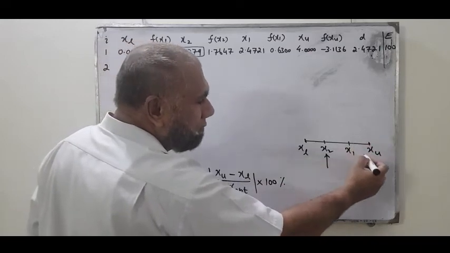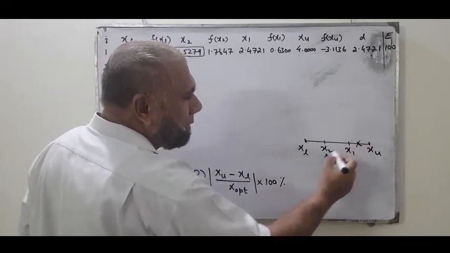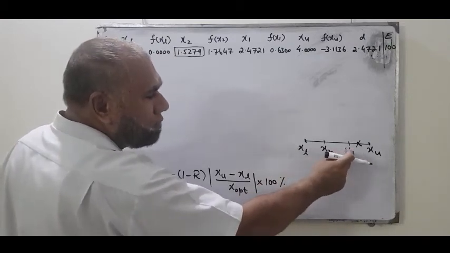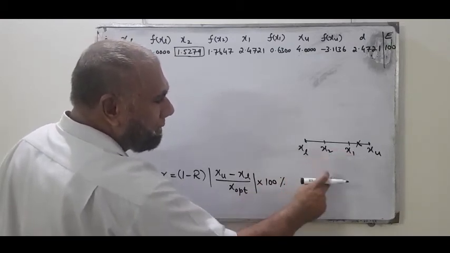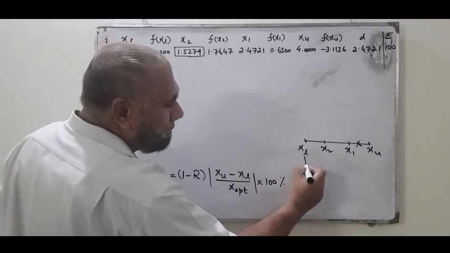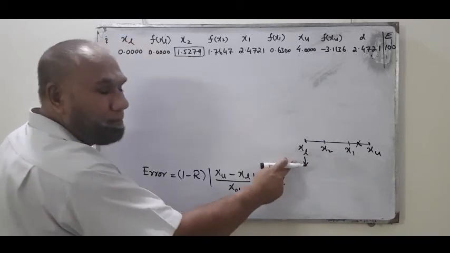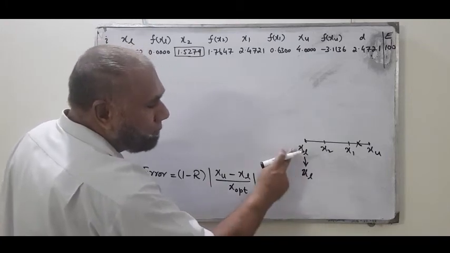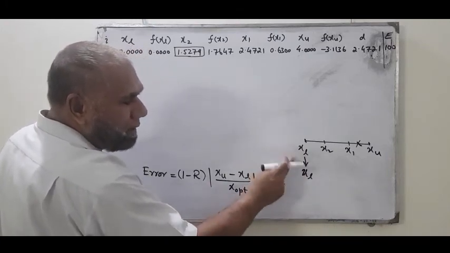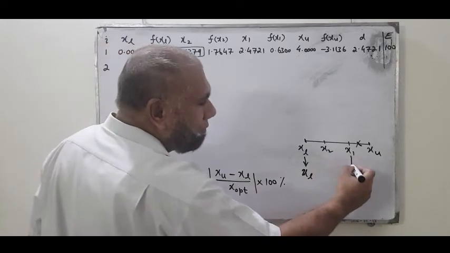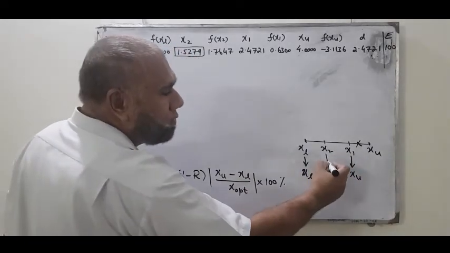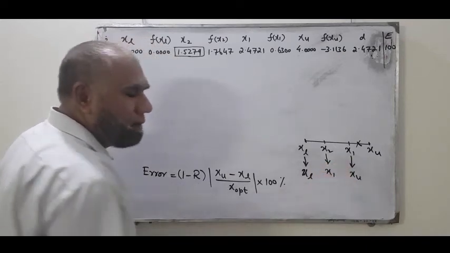So this section will be discarded from the domain, and the new domain is xl, x2 and x1. Now to start iteration number 2, we have to make the changes. xl remains xl because it is playing the left hand boundary point. x1 is the right hand boundary point, so it changes to xu, and x2 will, of course, change to x1.